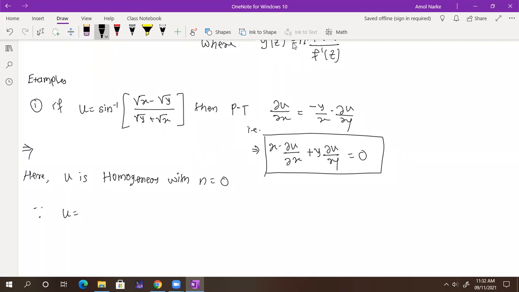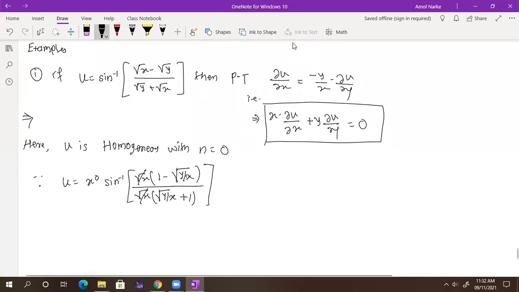Because you can write u is equal to x to the power 0 sine inverse of, taking root x as common, in the numerator remaining 1 minus root y divided by x, and in the denominator again taking root x as common, remaining root y divided by x plus 1. So root x gets cancelled. Inside the term I am getting root y divided by x. So it is homogeneous.